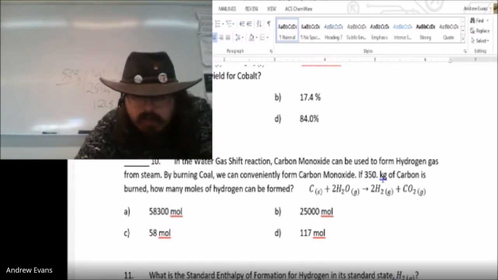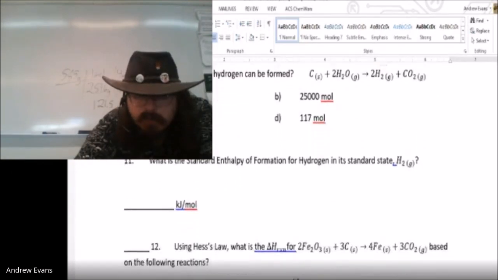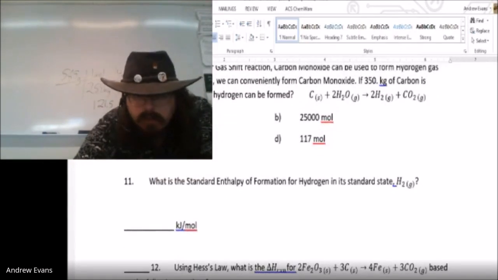The big thing that tripped people up would be kilograms. Standard enthalpy of hydrogen gas. How am I supposed to know that? It's 0. It's always 0 for an element in the standard state.